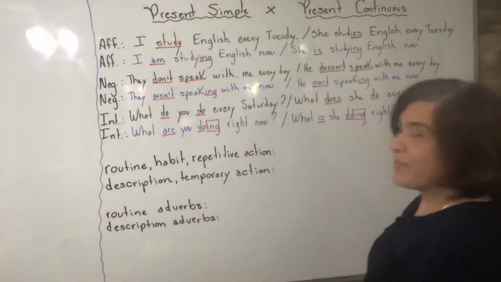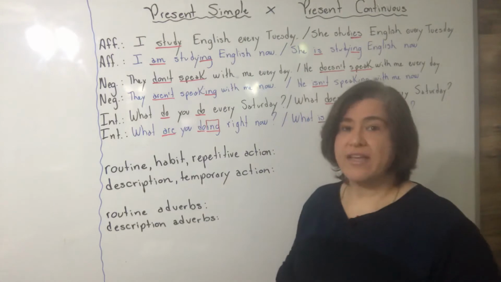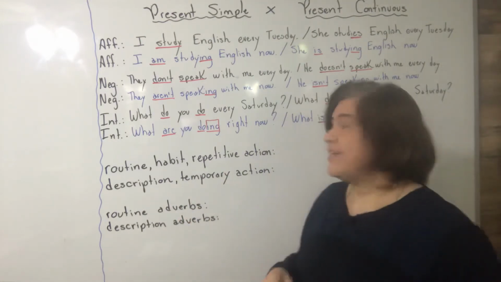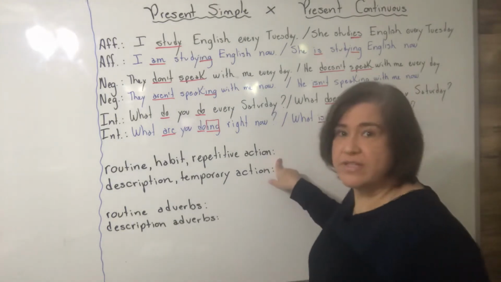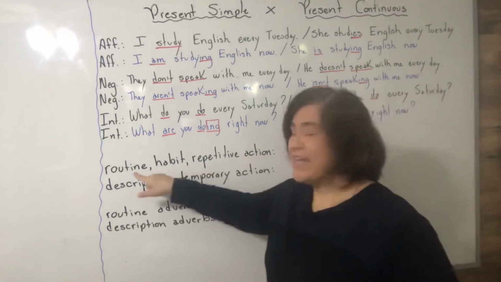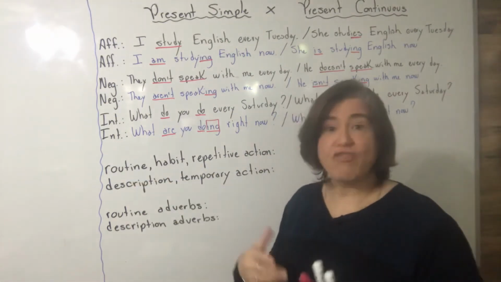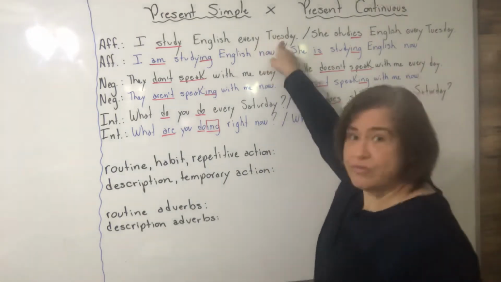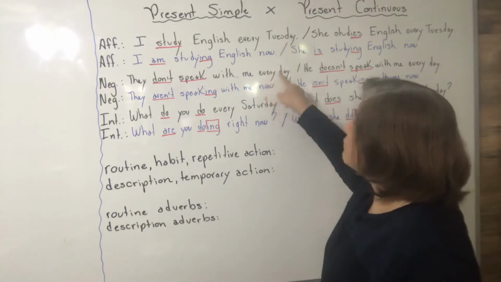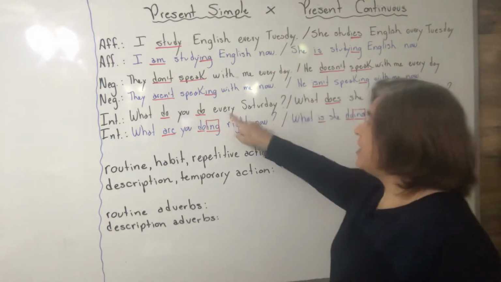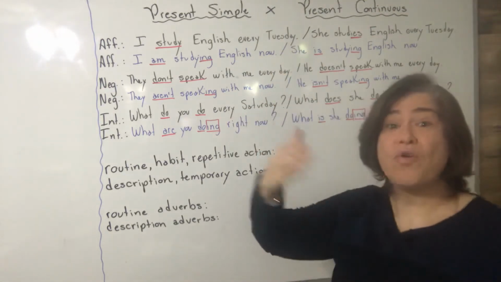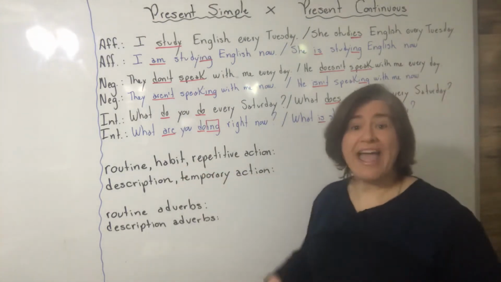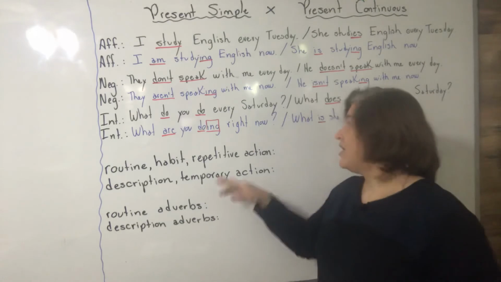Okay, now another way for you to know the difference is in the use, students, because when I speak about a routine, every Tuesday, every day, every Saturday, routine. When I speak about habit, okay?